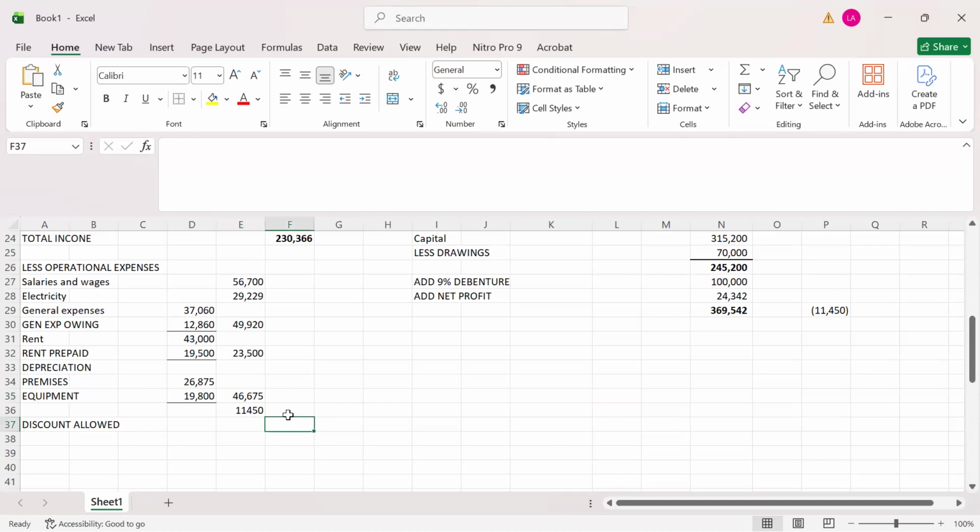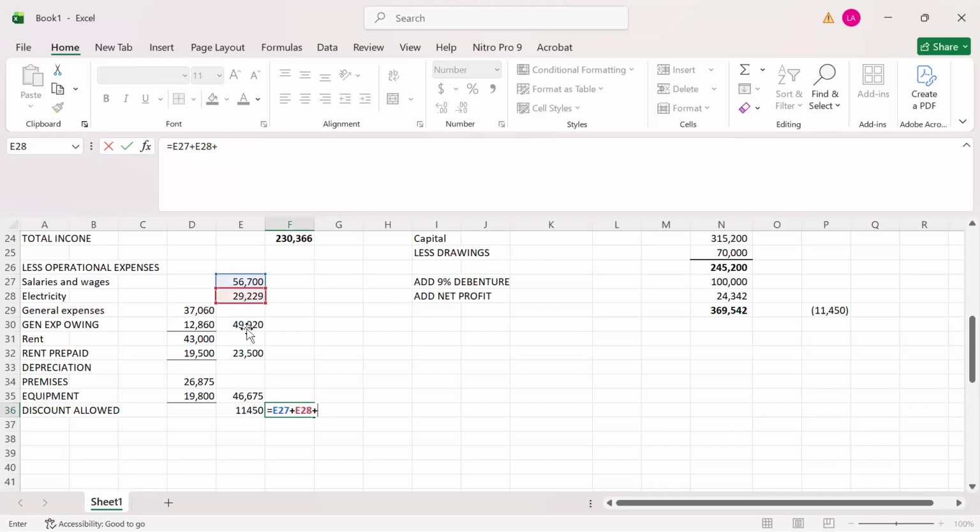So now we will bring this down to this figure, and it will give us this, which will be equal to this plus this plus this plus this.